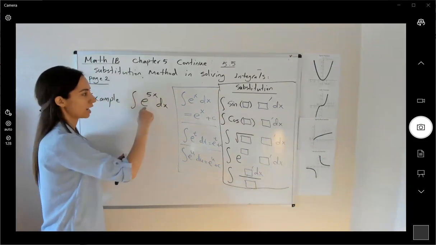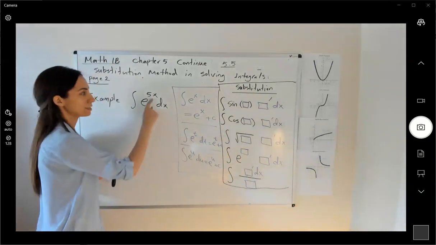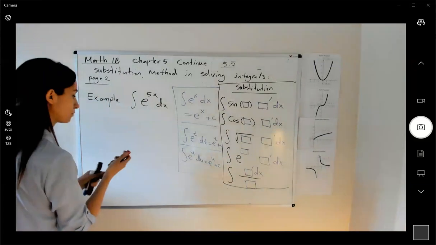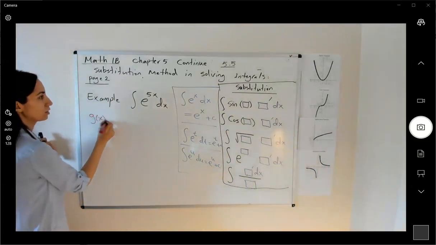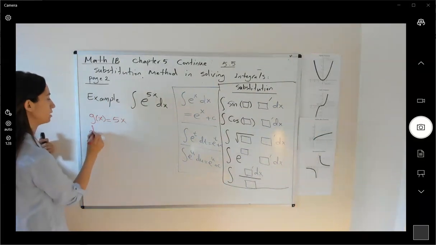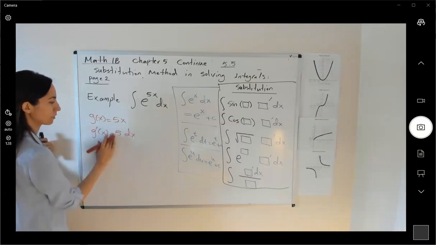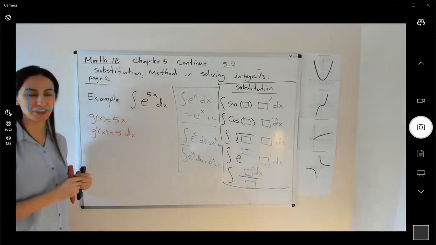So since you have e raised to a function, in this case a linear function, you say that, okay, if I take g of x to be 5x, the derivative of g is 5 dx. So it's not just one variable, it is 5 times the variable.